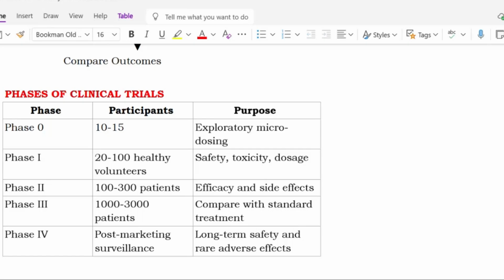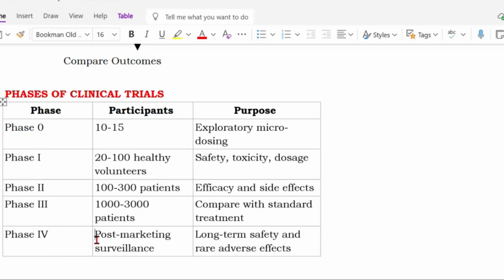Phase 3 has more patients, 1000 to 3000 patients, and it will compare the drug with the standard treatment. Most of the time, trials that are carried out are phase 3 trials. Before that, phase 1 and phase 2 are over, and phase 4 is post-marketing surveillance.